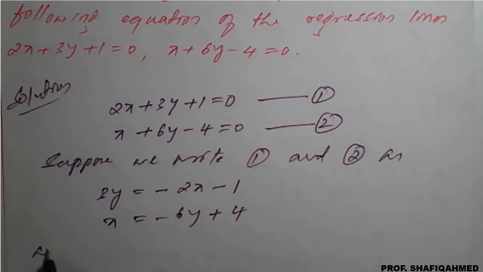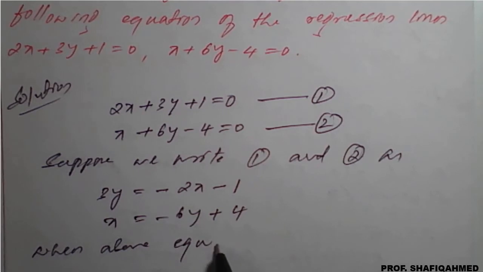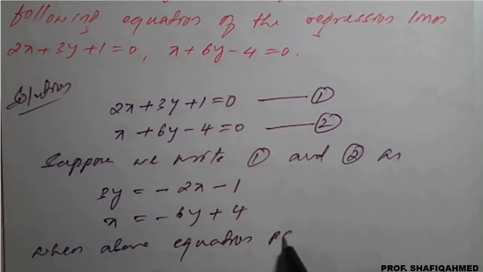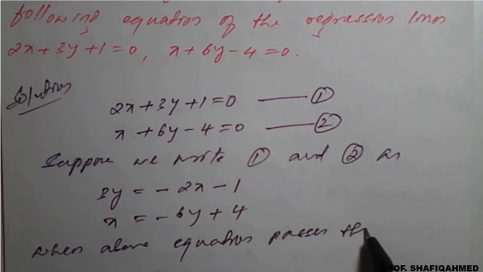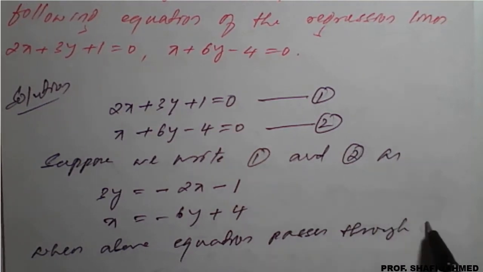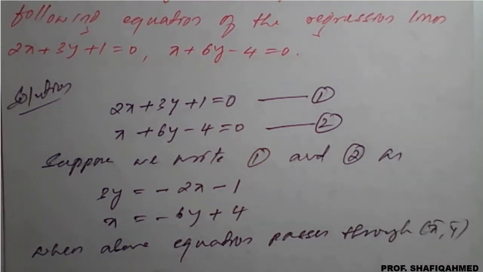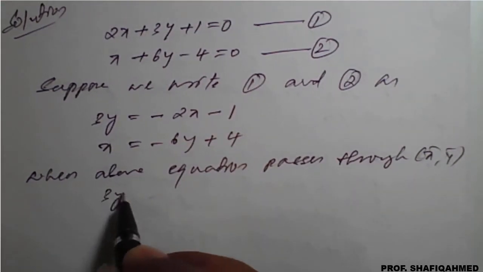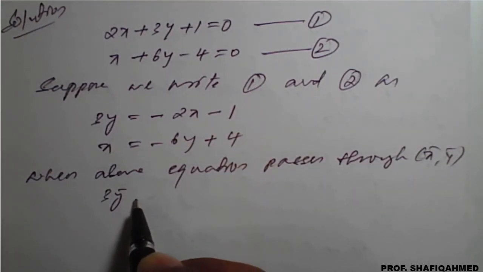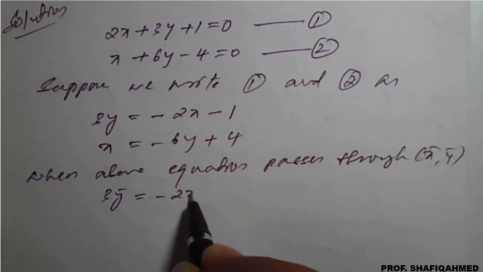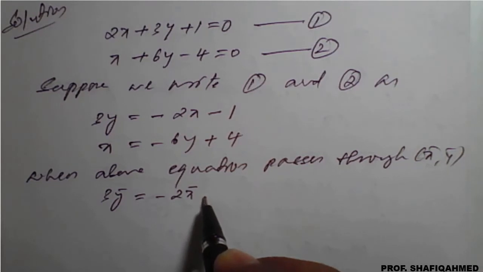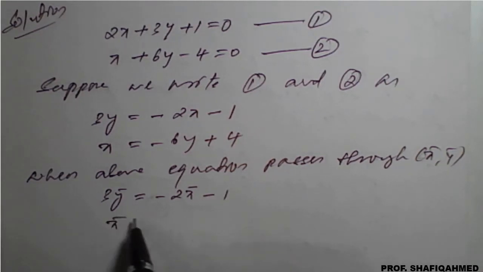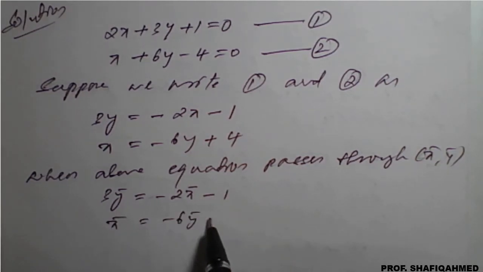When the above equations pass through x bar, y bar, we get 3y bar equal to minus 2x bar minus 1, and x bar is equal to minus 6y bar plus 4.